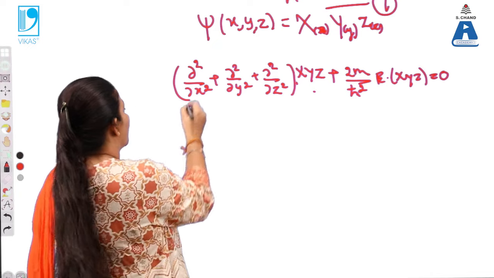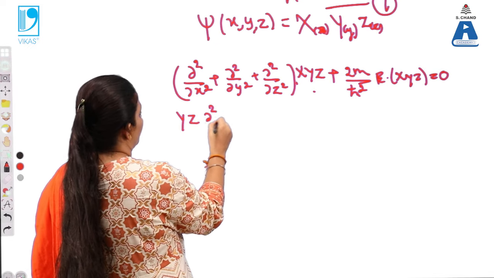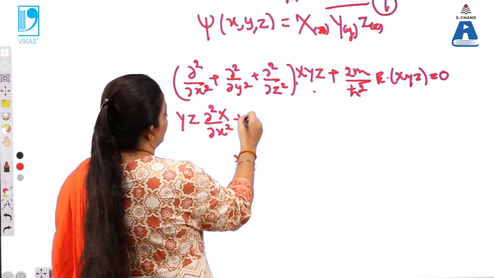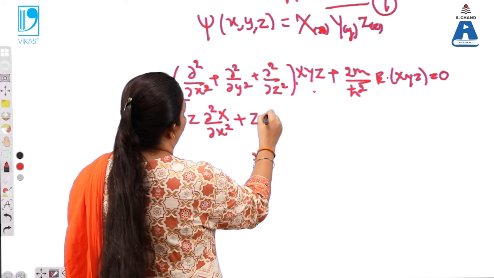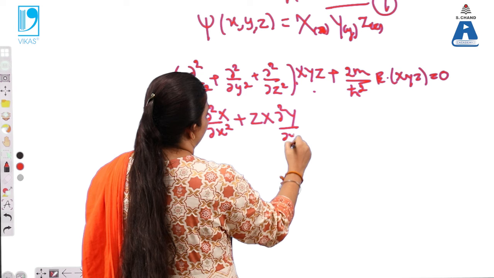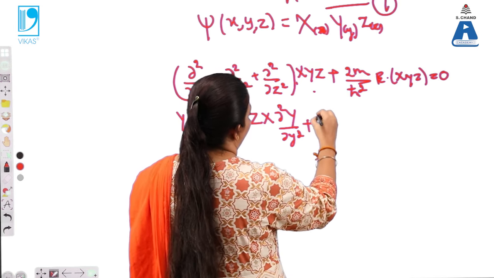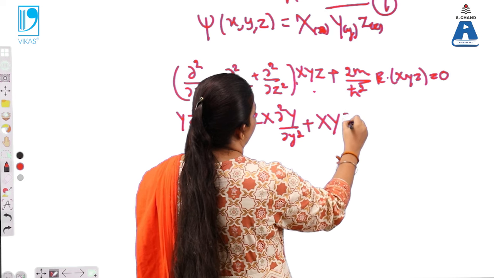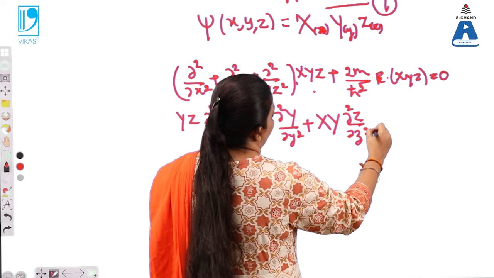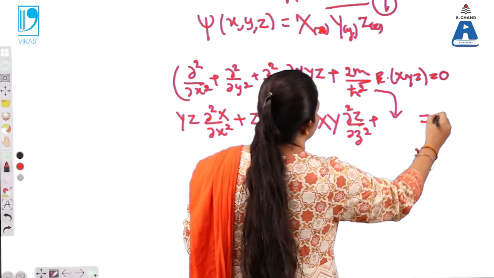So this equation will become, plus this factor will come as it is equals to 0.